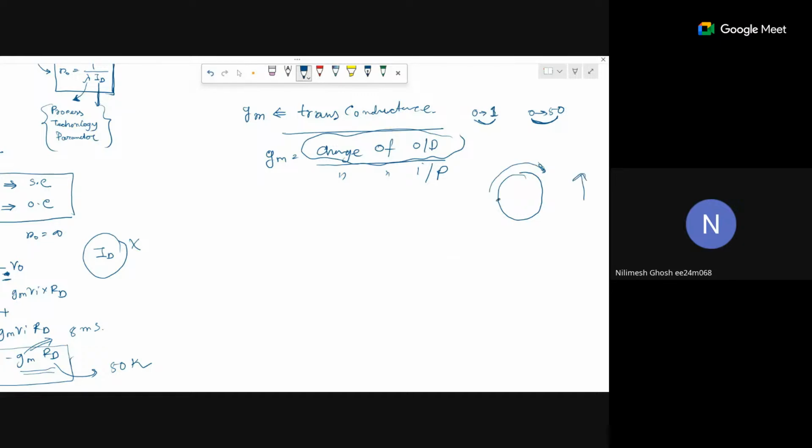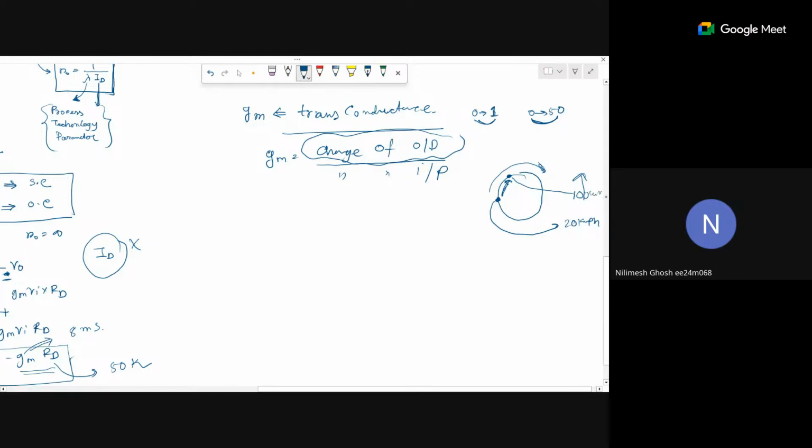Let's say this is the initial point, and the accelerator is increased to this point. While accelerating to this, the speed was, let's say, 20 kilometers per hour. And with this much rotation, let's say my speed is 100 kilometers per hour.